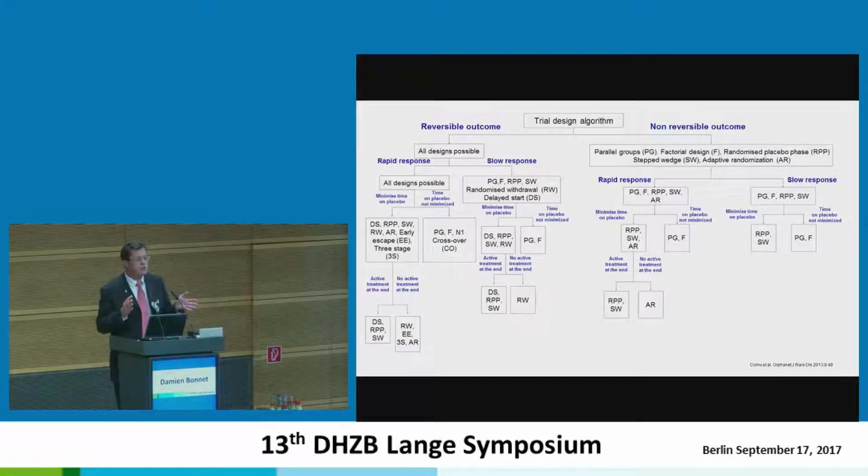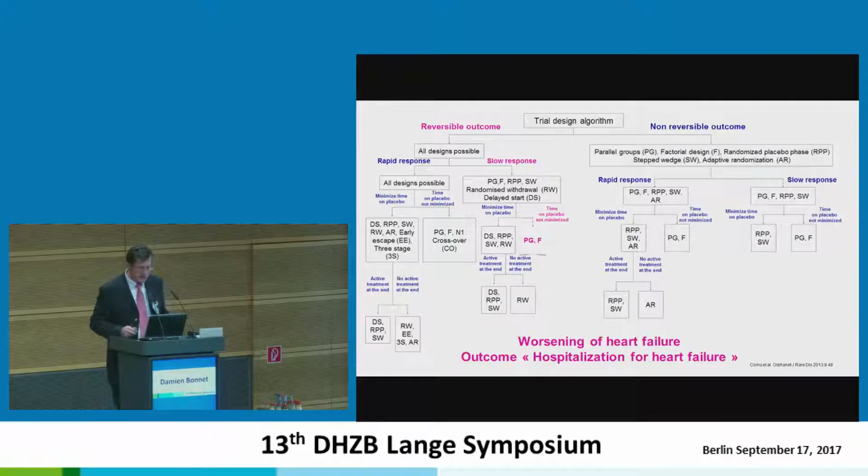And this is how to design trials in pediatrics, depending on whether you want the child to be on placebo or not, and whether you have a reversible or non-reversible outcome. So then you can have different types of design. Just as an example, if you want to test a drug in pediatric heart failure, and if you want to have a reversible outcome, for example, hospitalization for decompensation, and if you don't need a rapid response, but maybe a slow response, you have a couple of months in front of you to do the trial.